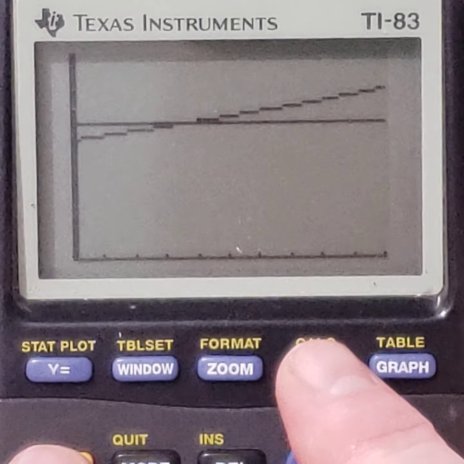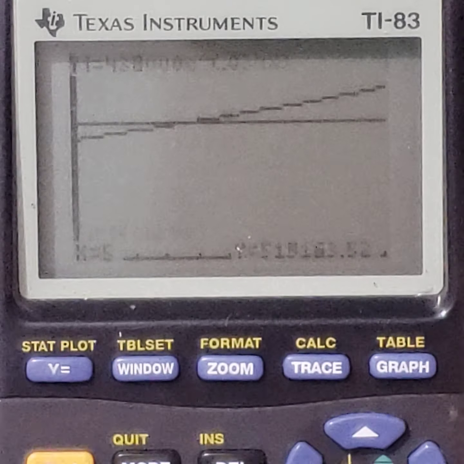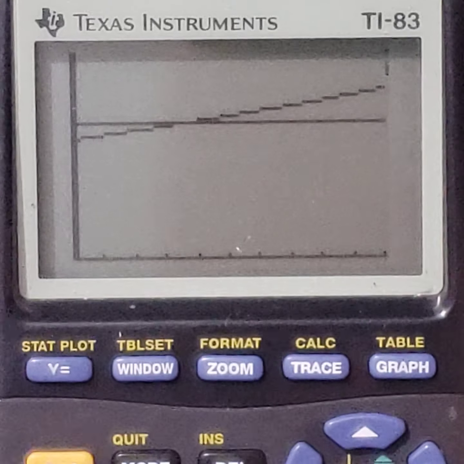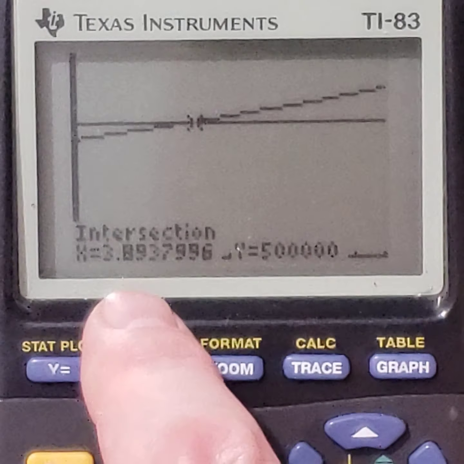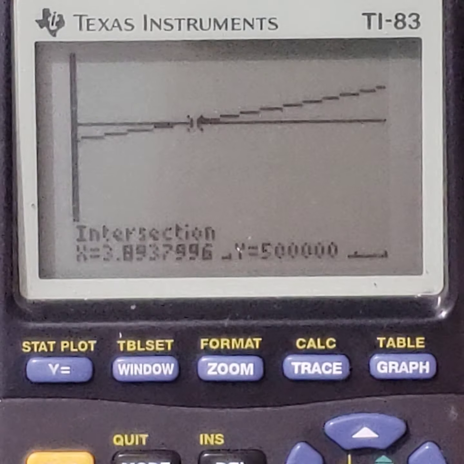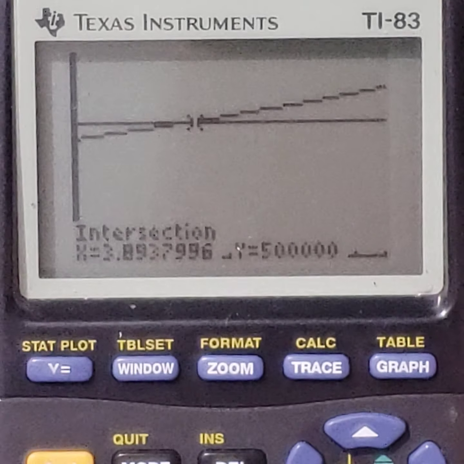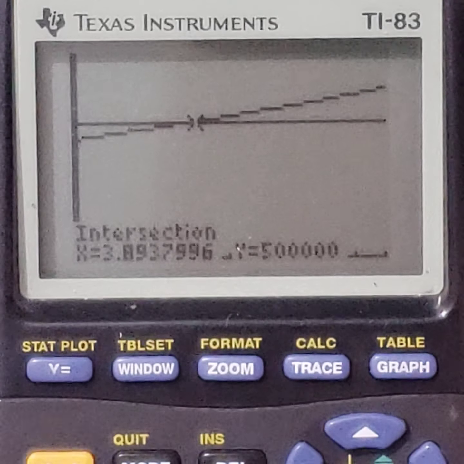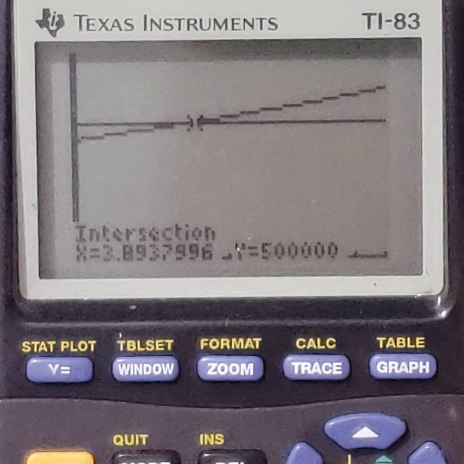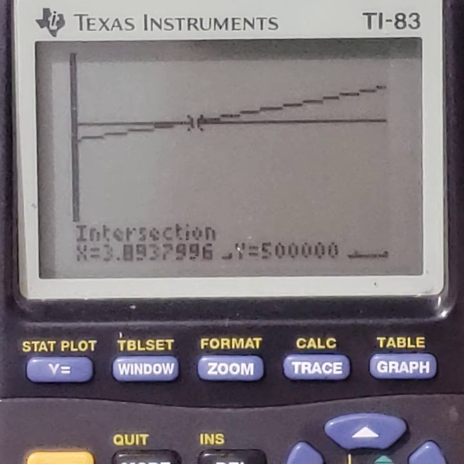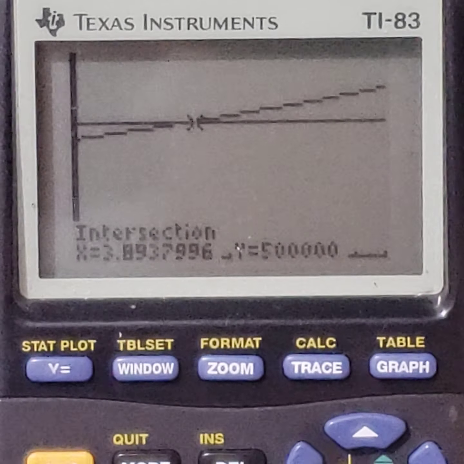If we want to find it, second, trace, 5, enter, enter, enter. And we can see that it hit it after about 4 years, 3.8 years. So by 2018, it should have hit 500,000. Same as all the word problems we've done this semester with the calculator. You're either using trace or you're finding a point of intersection.